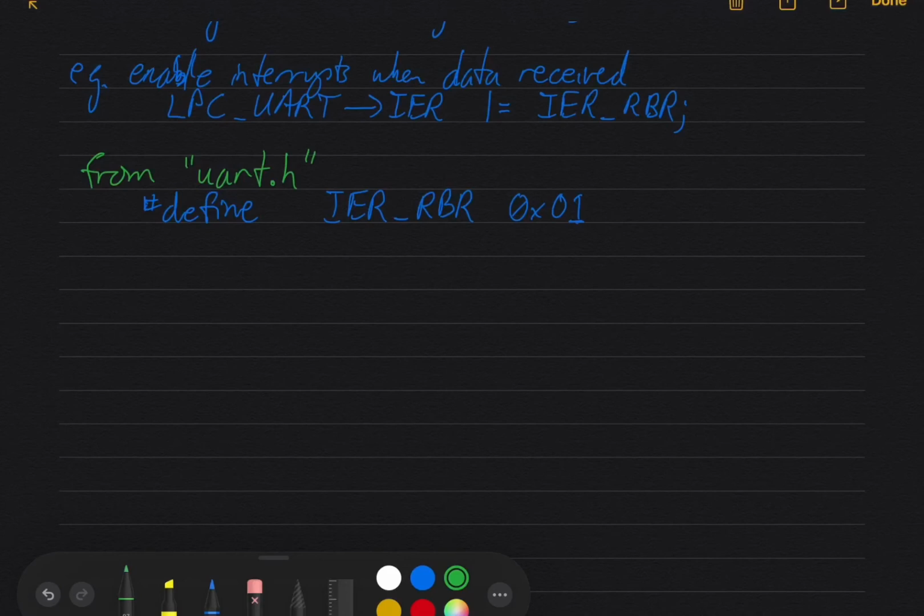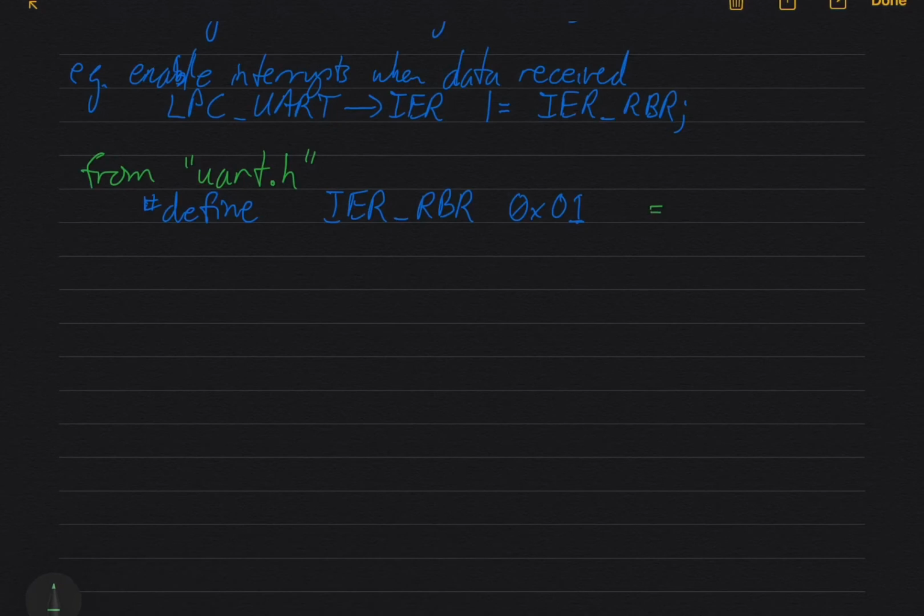So I'm just going to show you what that equals as an 8-bit binary number. So subscript 2 means that that's a binary number there. So it'll get truncated down to 8 bits when it gets written to that memory address.